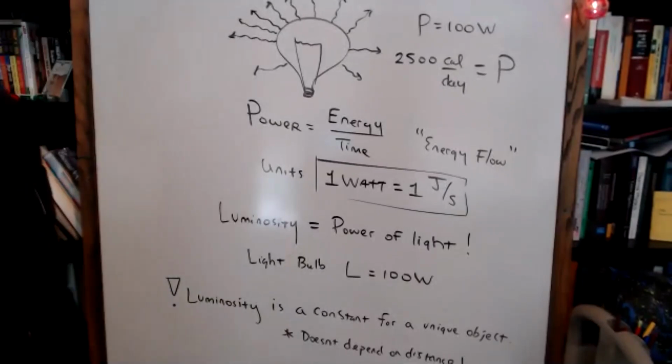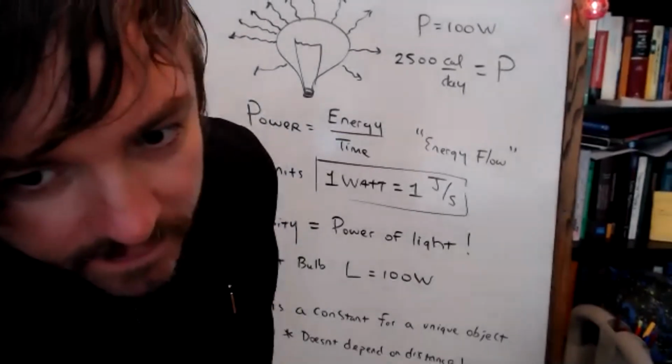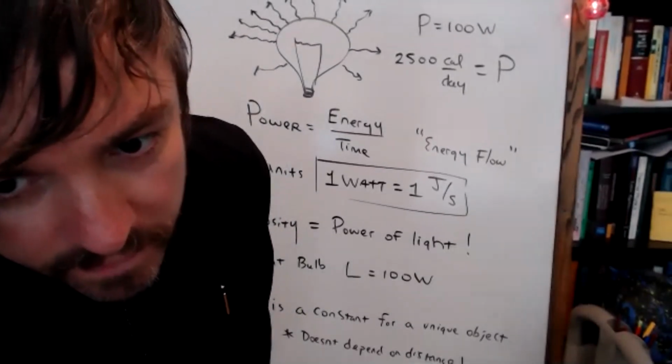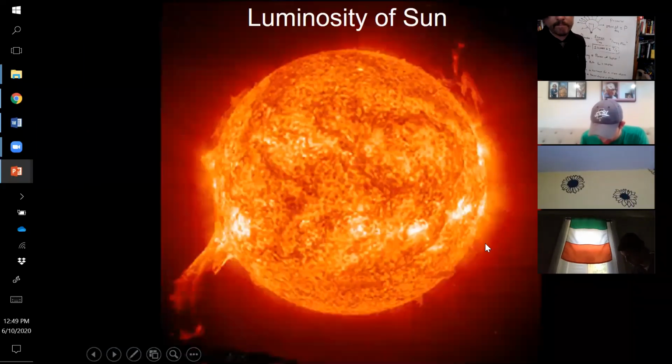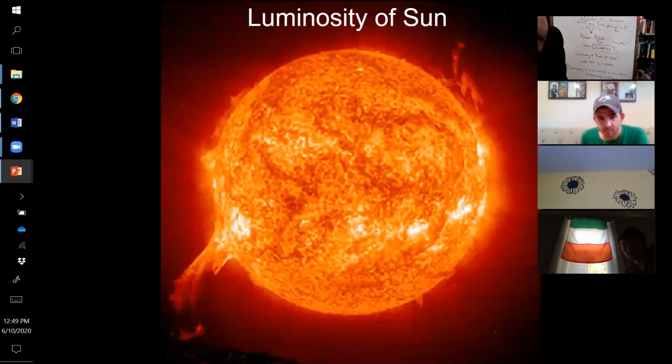Here's another object that has a fixed luminosity. It's called the sun. The sun has a constant light output, kind of like a light bulb, but it's much larger than 100 watts.